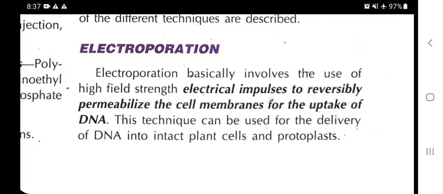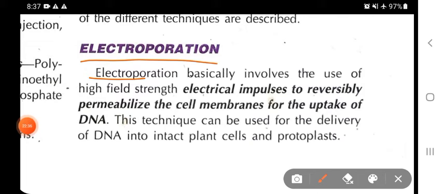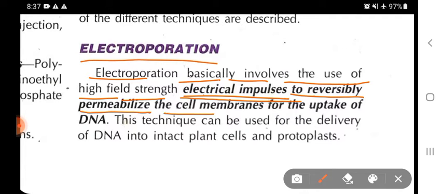So what does electroporation mean? Electroporation basically involves the use of high field strength electrical impulses. We apply a high field strength electric impulse for a short period of time to reversibly permeabilize the cell membrane for uptake of DNA.